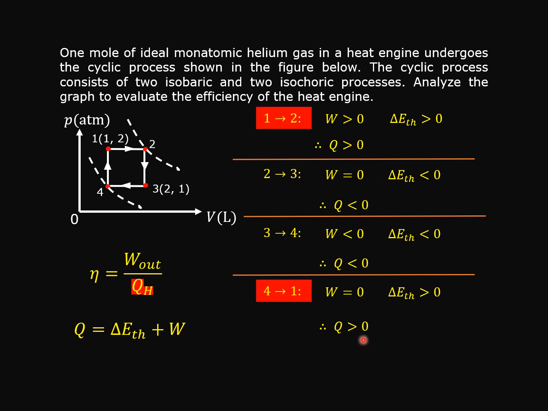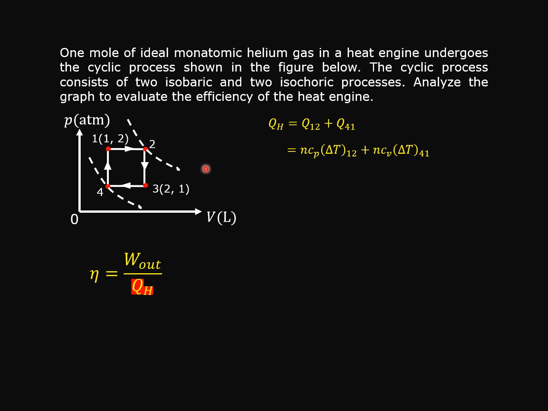These two are positive. That means now we can know that the QH is equal to the summation of the two Q in these two processes. The two processes with Q less than 0, we can put aside because they are not needed for us to find the value of the efficiency of this heat engine.